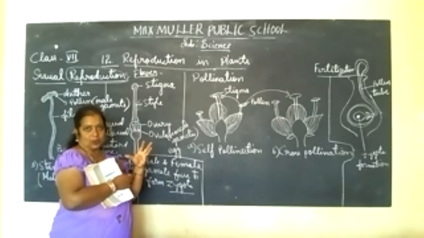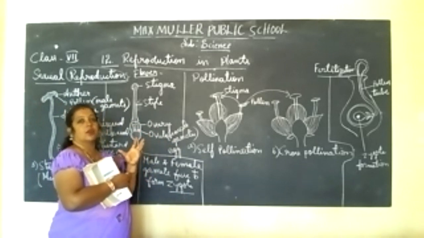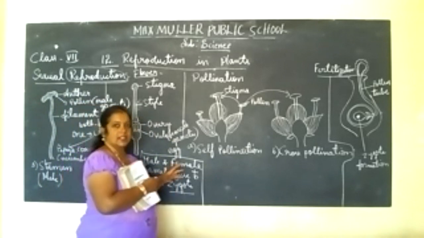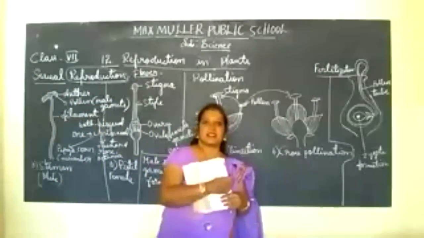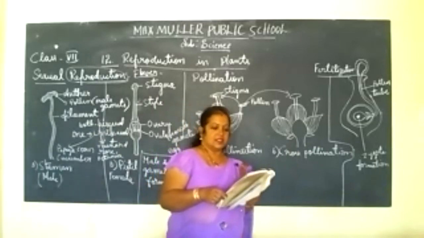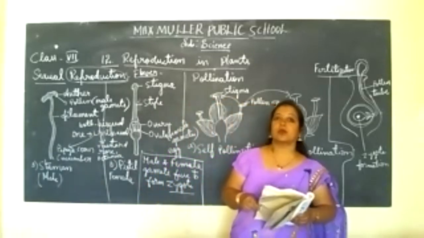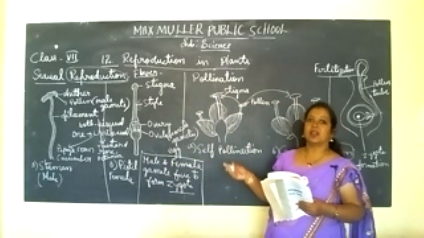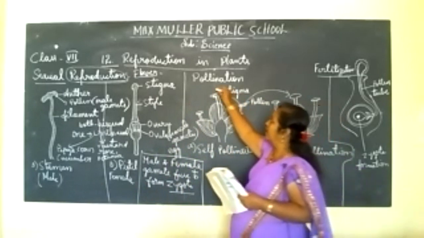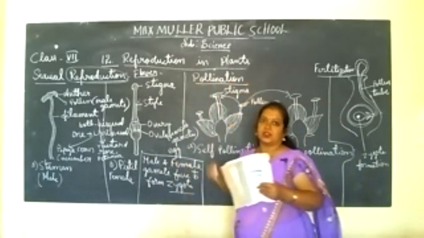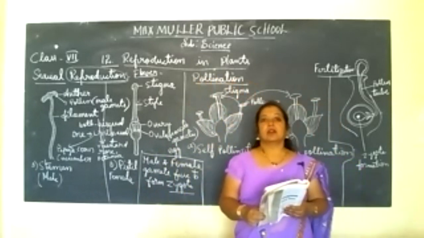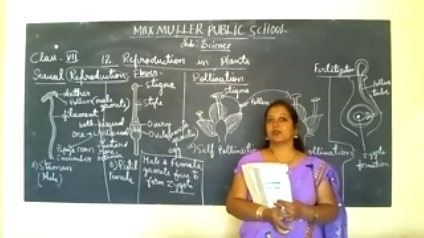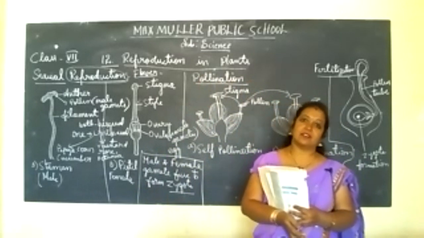When both male and female gametes fuse together, we call that a zygote. How they fuse together, we will see in another topic. We'll call it pollination. Understood?